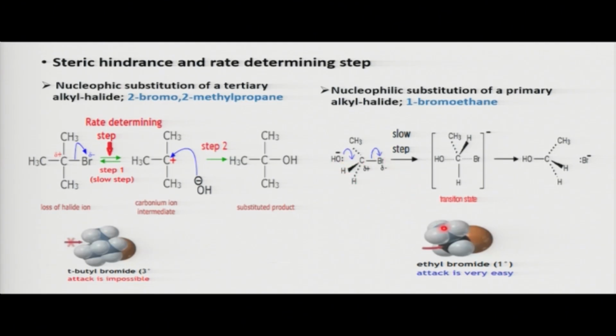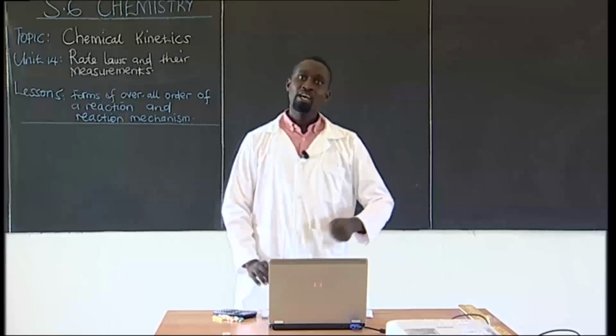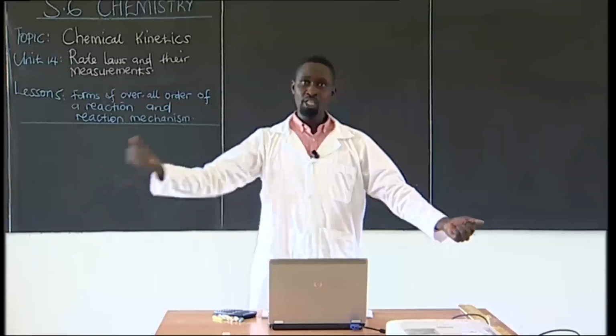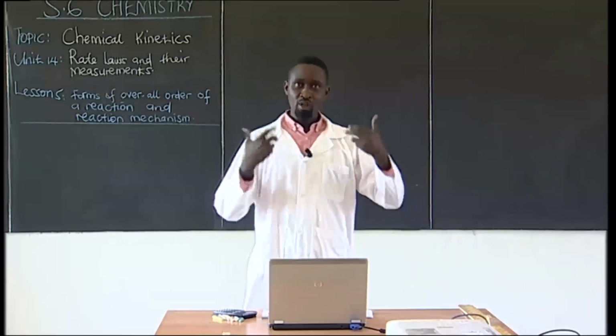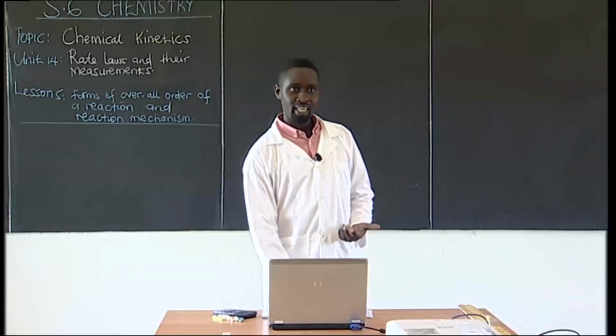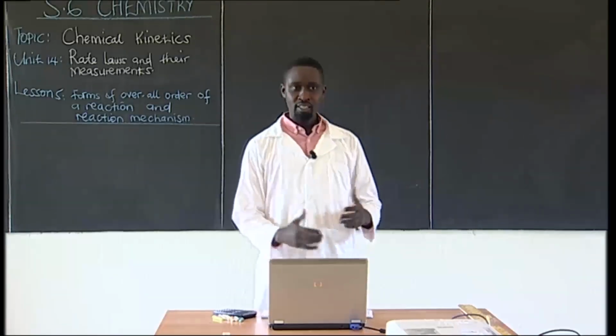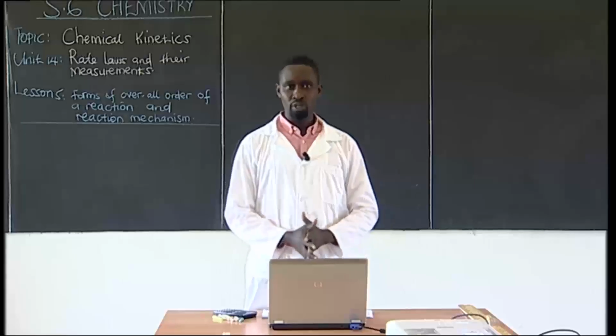In other words, for the primary, it's you give me and I let go. For the tertiary you must first let go for me to take. And all that is because of the steric hindrance. For the secondary, it is in between.